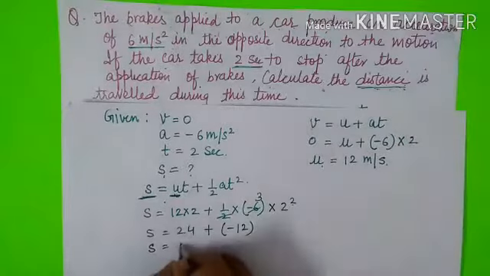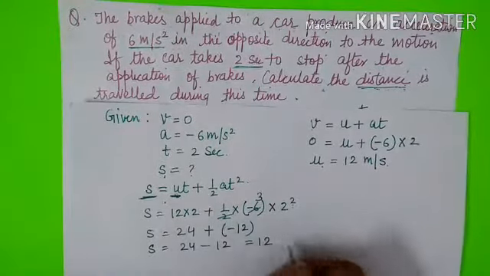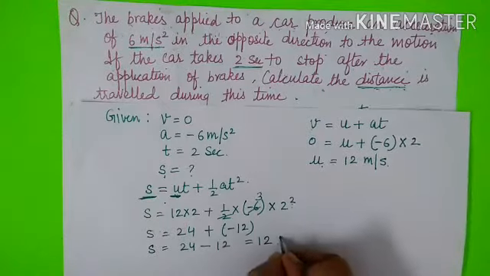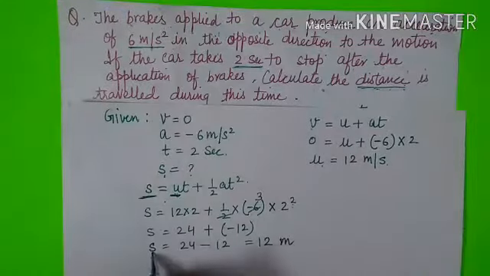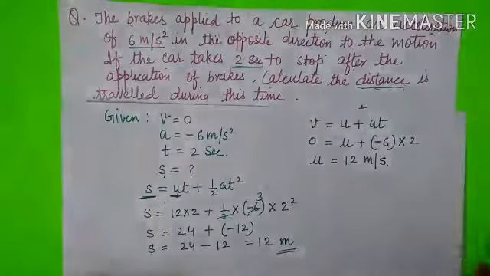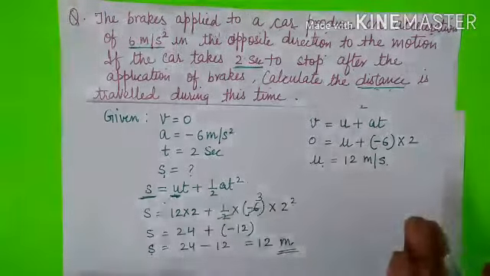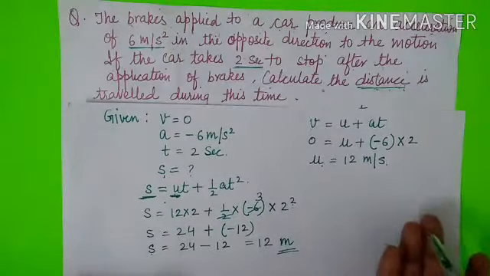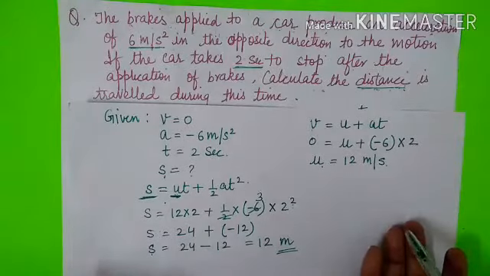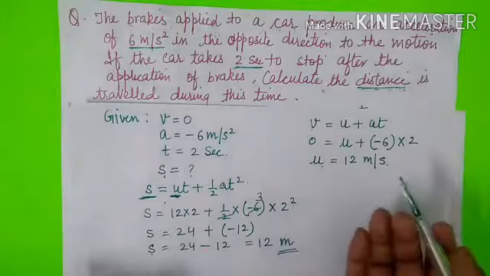S is equal to 24 minus 12, which is 12 meter, because the unit of distance and displacement is meter. So in this way we can solve any numerical by using more than one equation of motion. So in this video we have covered the derivation of the second equation of motion with an example.